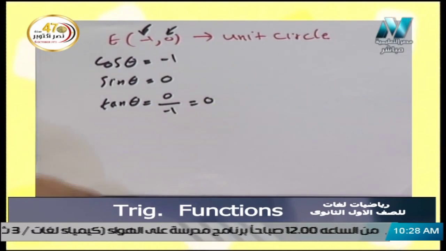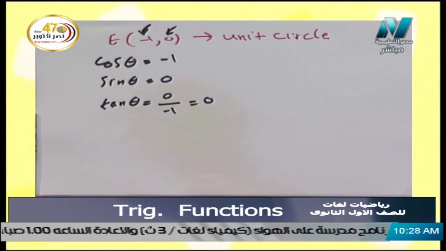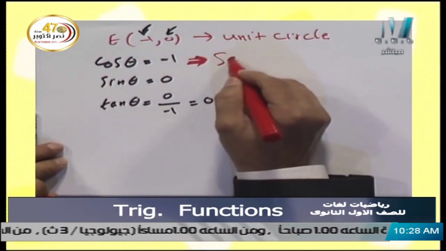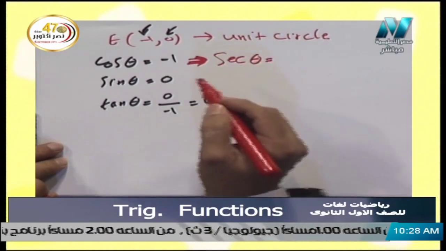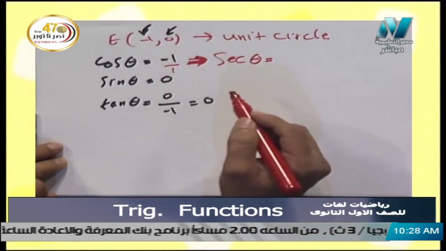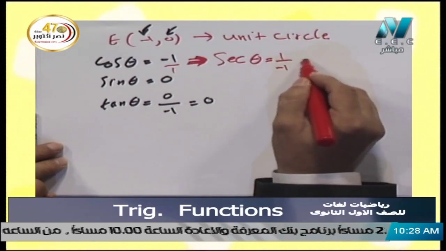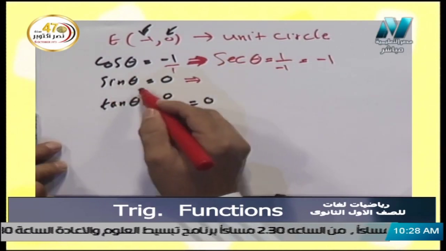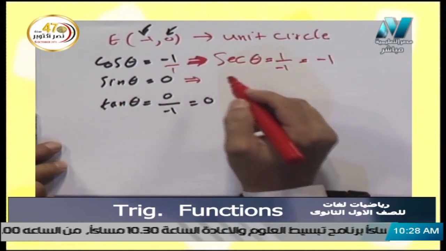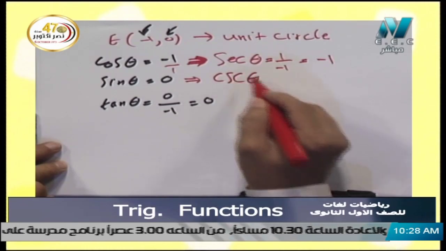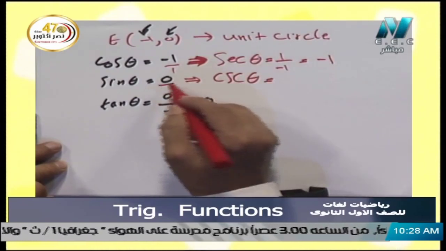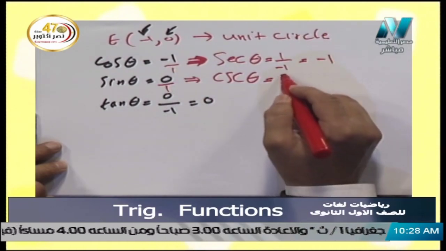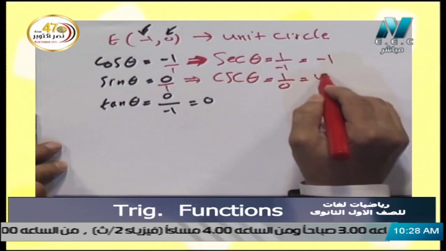And let's move to the reciprocals of these functions. We know that the reciprocal of cosine is sec theta. We know -1 means -1 over 1, so it will be 1 over -1, so it's -1 also. The reciprocal of sine theta will be cosec theta. Sine is 0 over 1, so cosec theta equals 1 over 0, which is undefined.